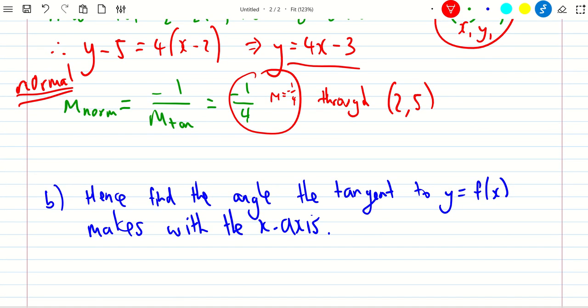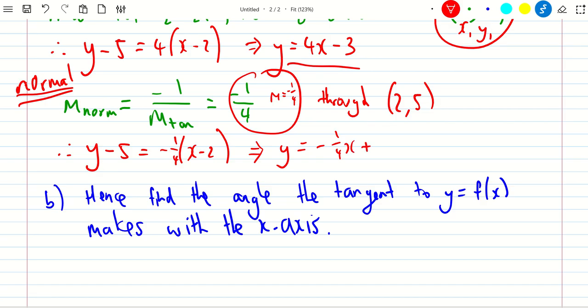And so we can go straight to writing down what our equation is. So it's going to be y take away 5 is equal to the gradient, -1/4 times (x take away 2). Okay, and just to clean that up a little bit, I'll take this one a little slower because it's got a fraction in it. So I've got y is equal to, if I expand that out, -1/4 x plus 2 times a quarter, so that would be plus a half.